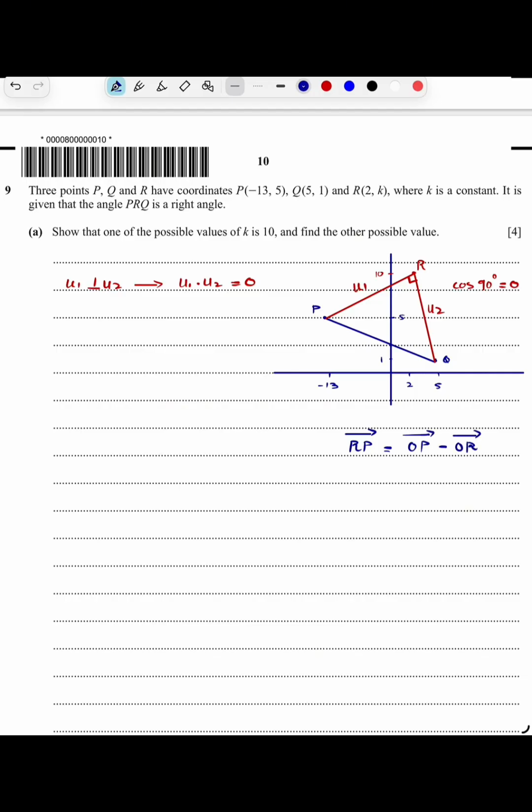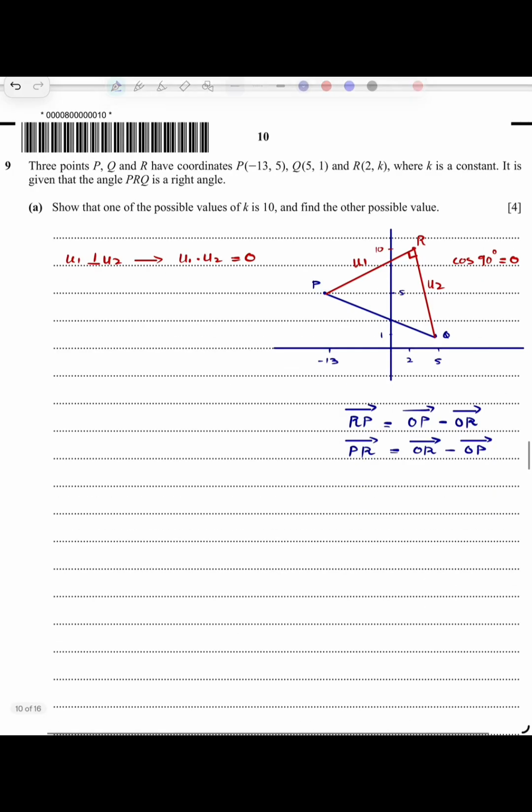It doesn't matter which direction you take. If I were taking P to R, then it would have just been OR, the position vector of point R, minus the position vector of OP.